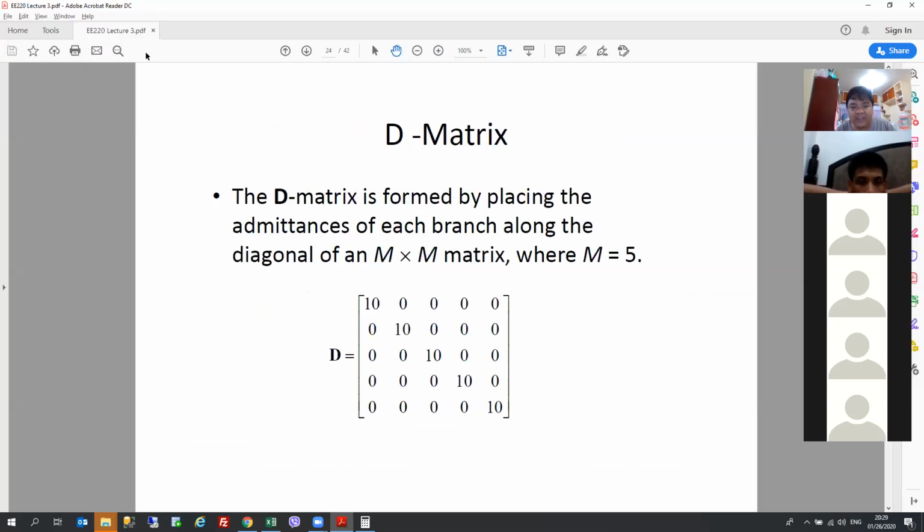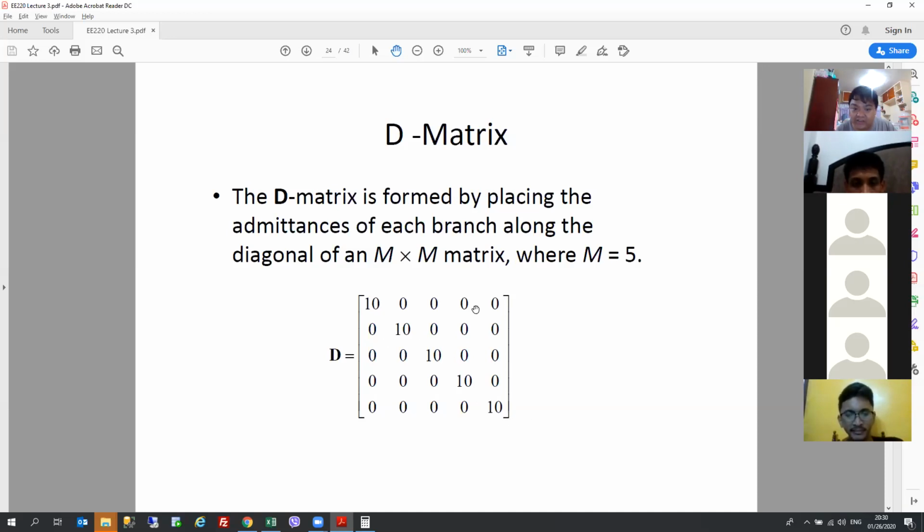Okay? Your D matrix on the other hand is just the diagonal elements ng admittance. O line 1, ano yung admittance? Nagkataon lang, 10. Pero in this case, kung iba yan, dapat you put the right element. So sa line 1, 10. Line 2, 10. Sa diagonal, line 3, 10. Nagkataon lang equal siya.